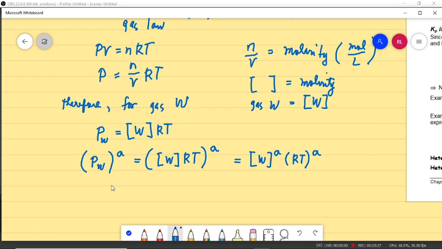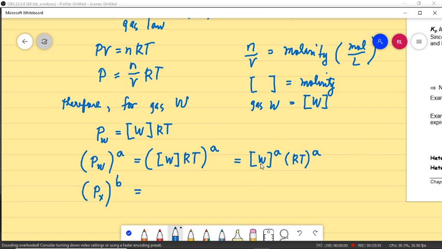Now how about for the remaining gases? For gas X, the partial pressure of gas X raised to the power of B is the same as this one.